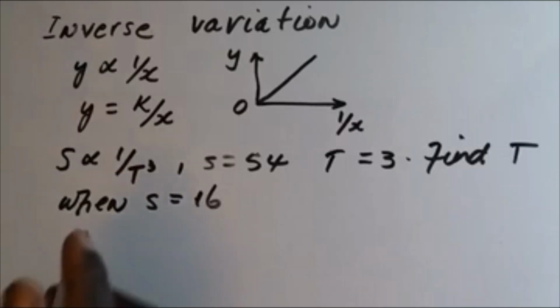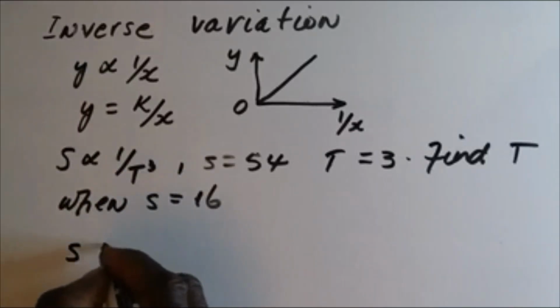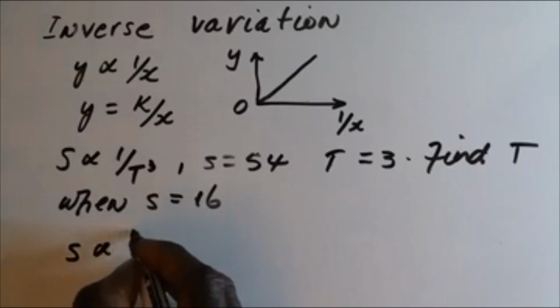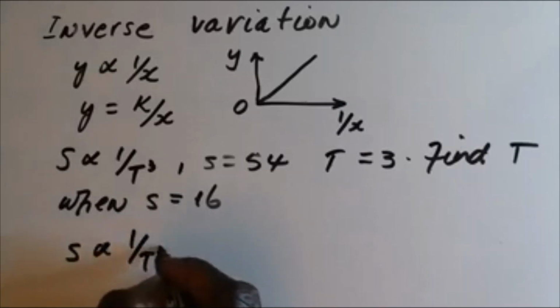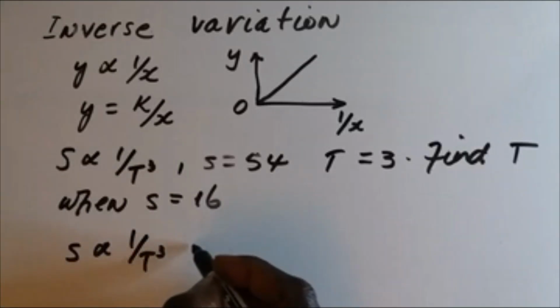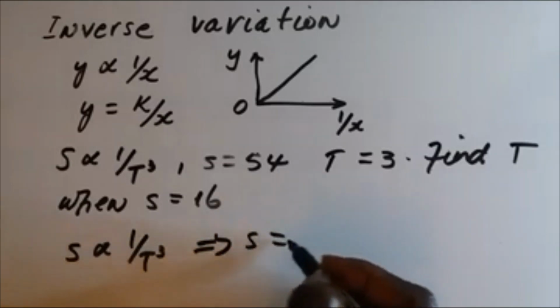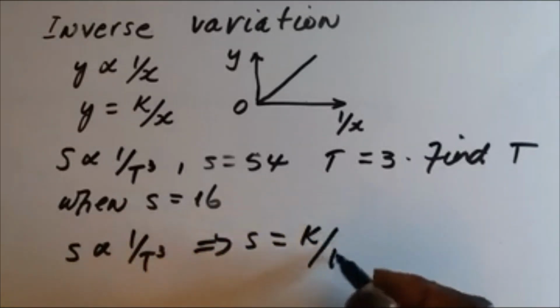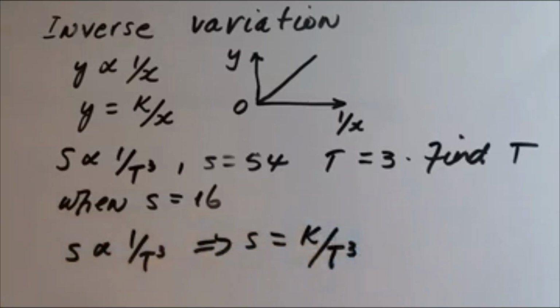First of all, we write that s is inversely proportional to t cubed, which implies that s is equal to k over t cubed.